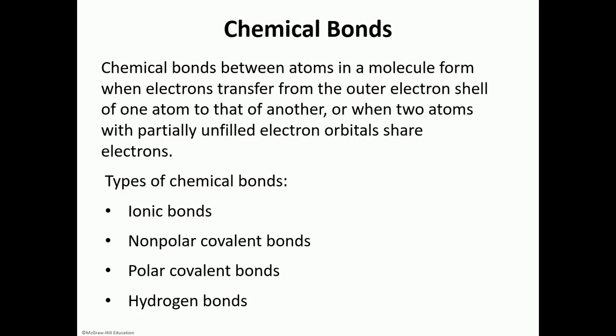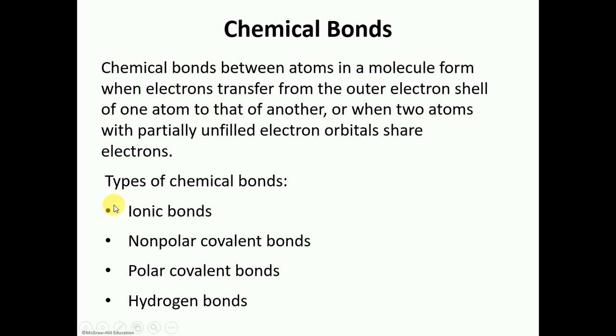Now for the different chemical bonds. So how do these atoms connect to each other? And a lot of this occurs due to electrons. So we'll see that we could either transfer electrons, ions, the cations and anions. We've seen how they either gain or lose electrons, or there could be sharing of electrons. And these give you different kinds of chemical bonds.